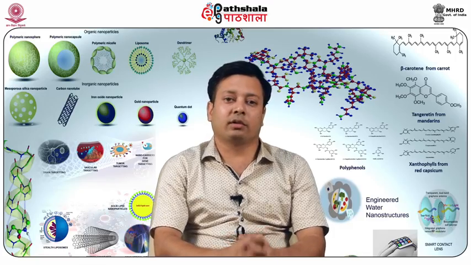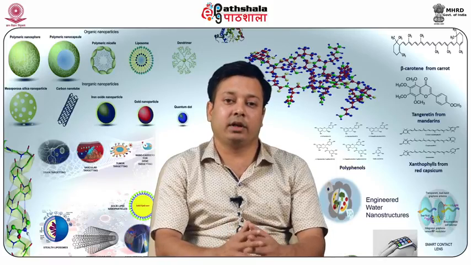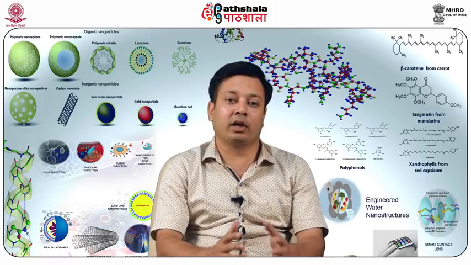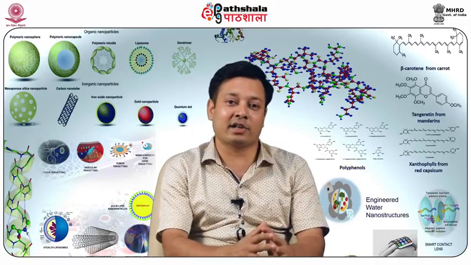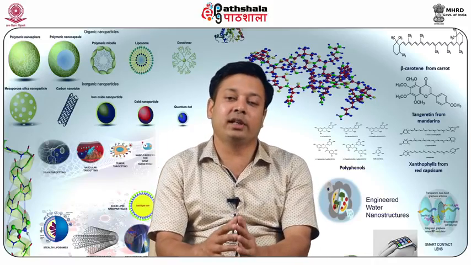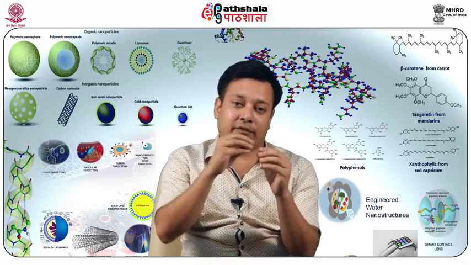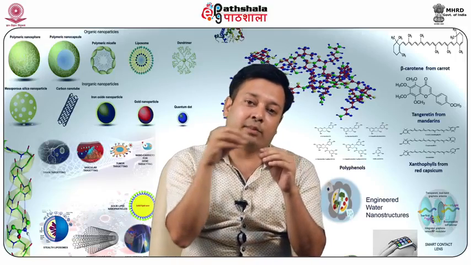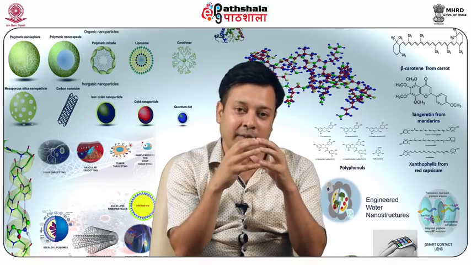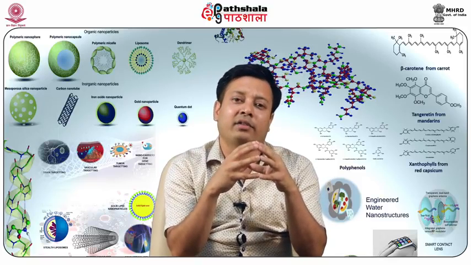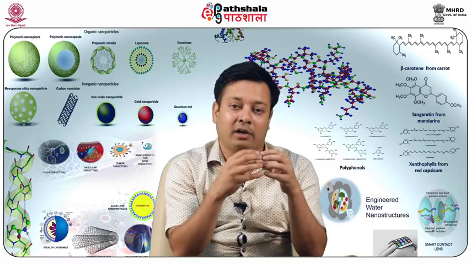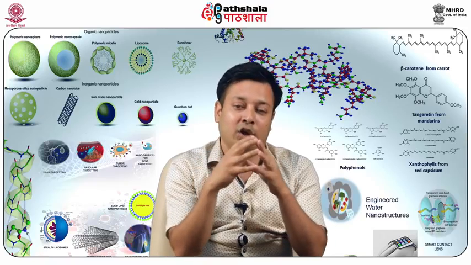Two other very important differences between ionic and non-ionic micelles are aggregation number and CMC. The aggregation number is the number of amphiphilic molecules in a particular micelle. The aggregation number is low in ionic micelles compared to non-ionic micelles.